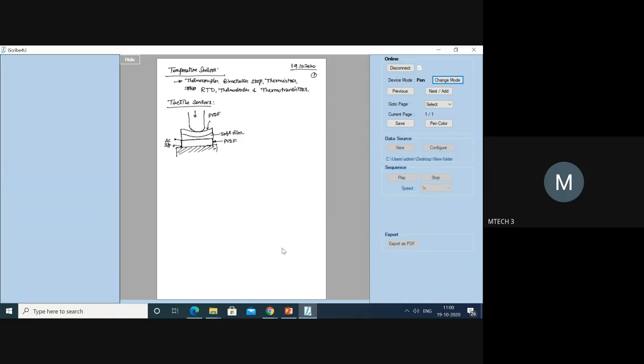Now, just observe. Any idea about tactile sensors, where they are used?